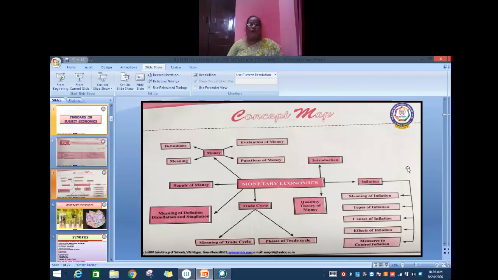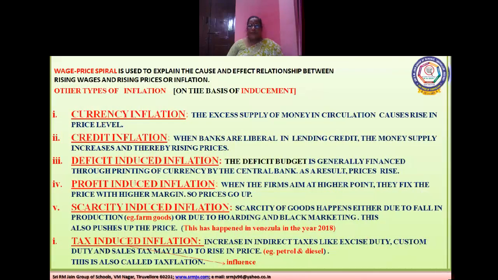The types of inflation according to the inducement. Types of inflation on the basis of inducement are: number 1, currency inflation.